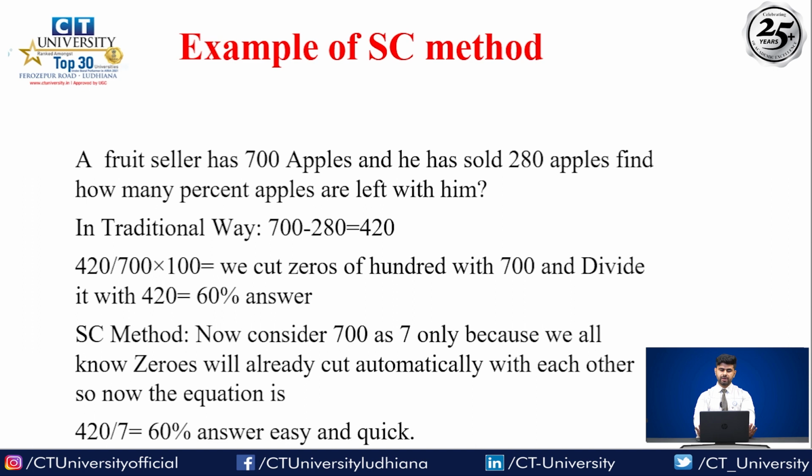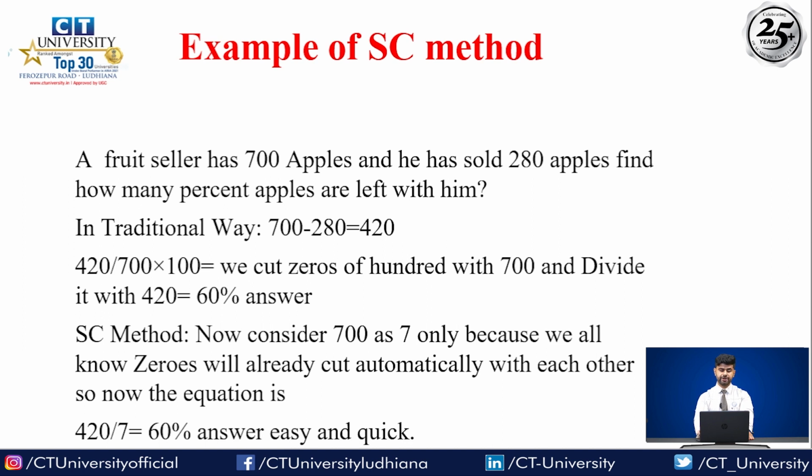Okay, understood the question? Now move to the answer. We will solve this question in all the methods. Okay, in the traditional way, 700 minus 280 is equal to 420 apples left with him. This is the value that he has left.